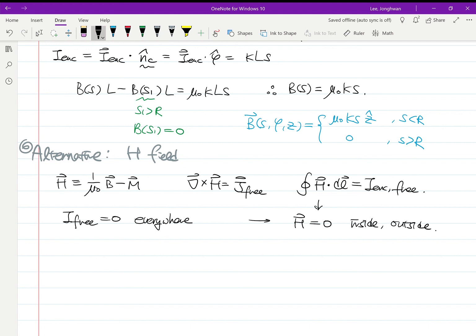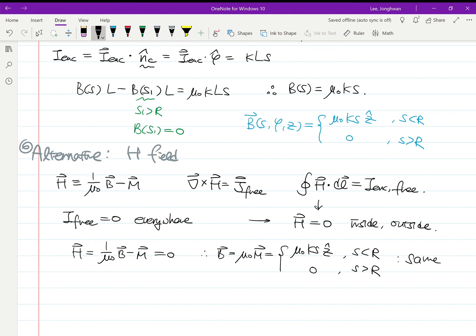Okay, and by definition, the H field was B over mu naught minus M, and this is 0 now. So B field equals mu naught M inside, and 0 outside, because the magnetization M equals 0 outside, and you can see this is the same answer. So we can obtain the same answer using the H field more easily.